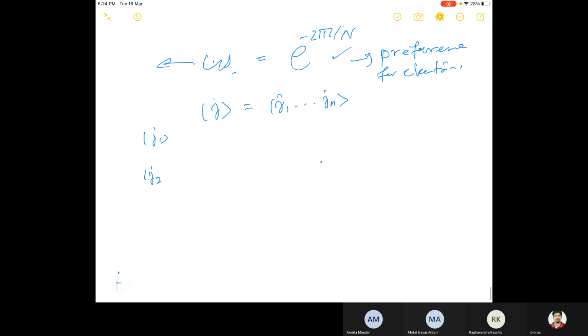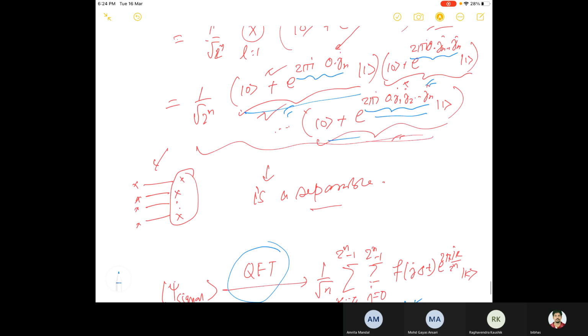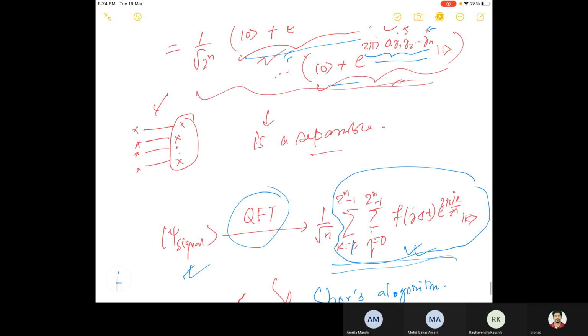So if these are the inputs, I want to use some gates here in the circuit such that finally I want this to be equal to, for all j, this. So this can be written as this one, so this k, k1 k2 dot dot dot up to the power 1 minus 1.